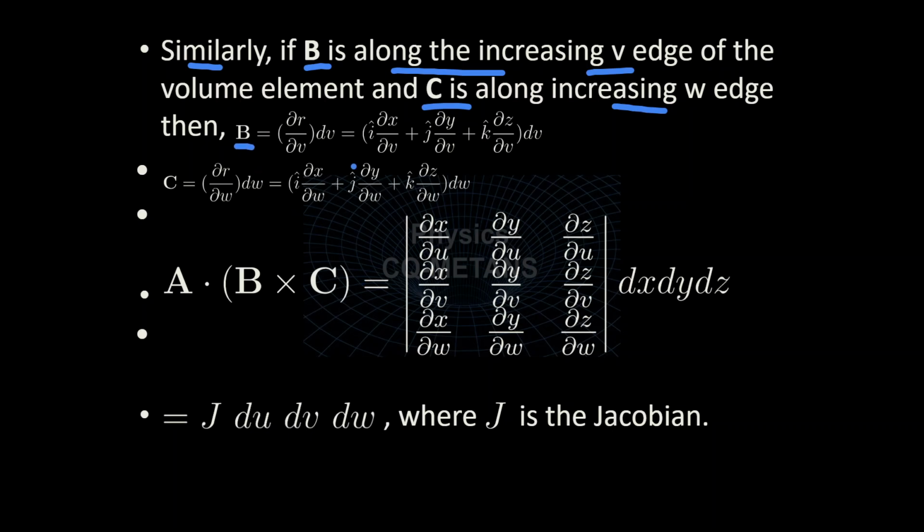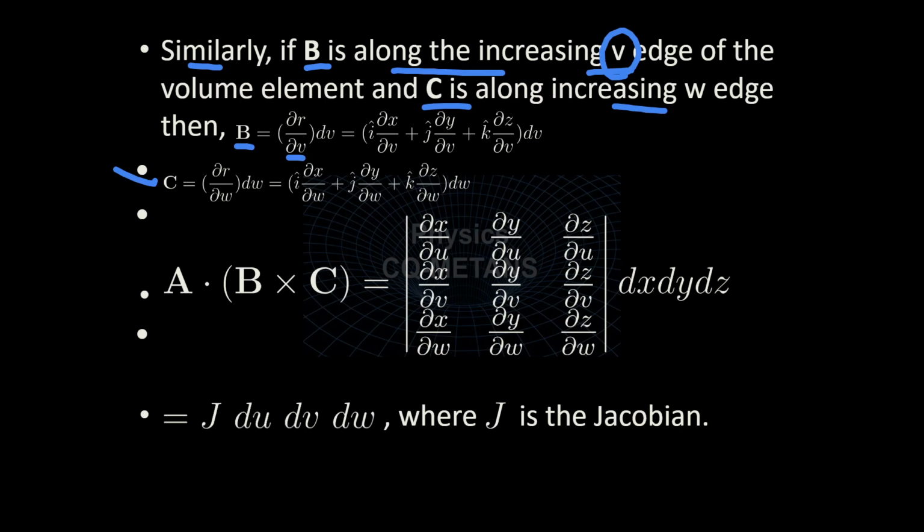So B will be dr by dv, because B is in the increasing v direction. So dr by dv is i dx by dv, j dy by dv, and so on. Similarly, C can be written in this way.